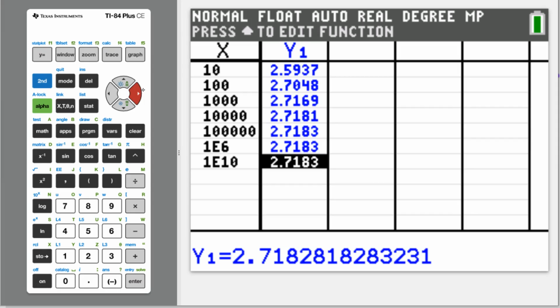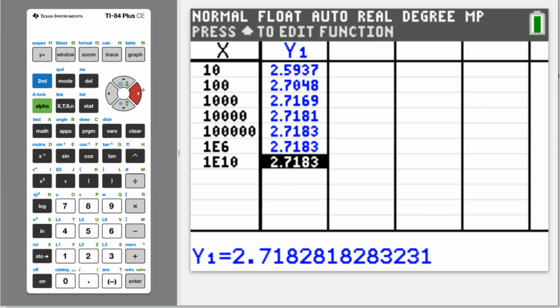It's actually a very famous irrational number, just like you know pi is a very famous irrational number, and pi is used primarily with circles. Well, this number, which we call e for a mathematician named Euler, is used primarily when it comes to the growth of things or decay.